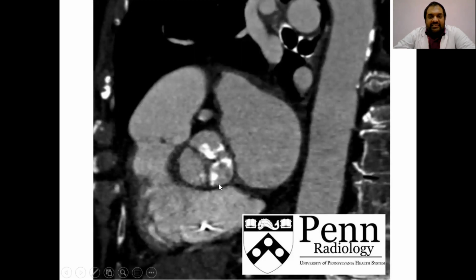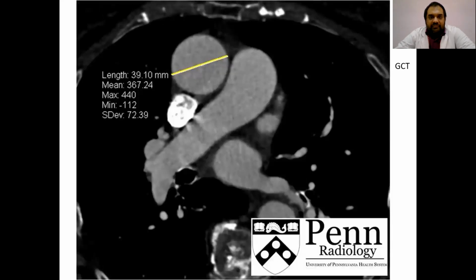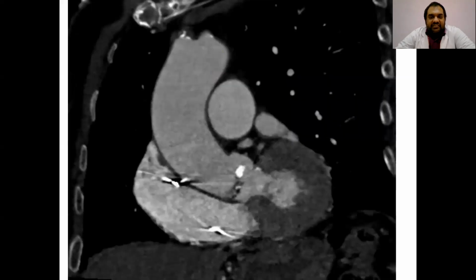Here we can see the aortic dissection in this CT image. This is the length of the ascending aorta. The length is 3 centimeters, which is abnormal.